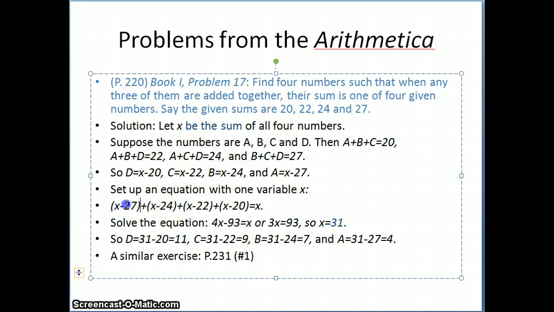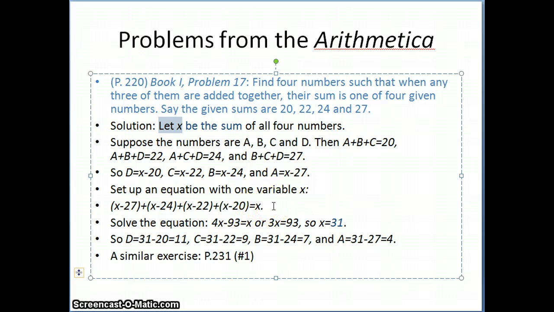So we add a, that's x minus 27, and b, x minus 24, and c, x minus 22, and d, x minus 20. We add these four numbers, we should get the sum, which is x. That's what we assumed.